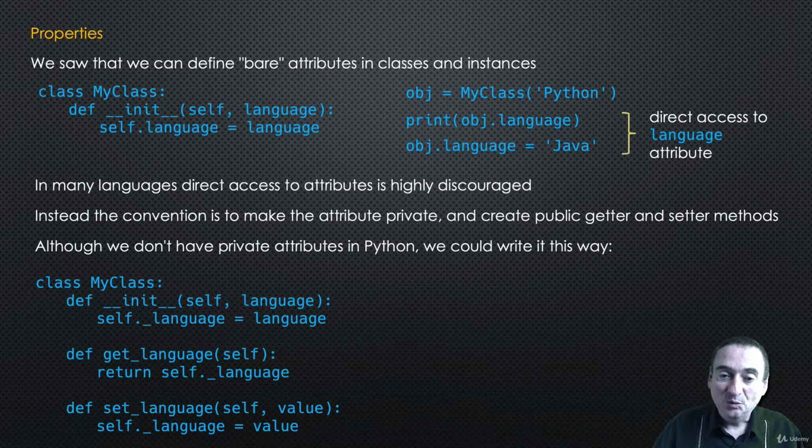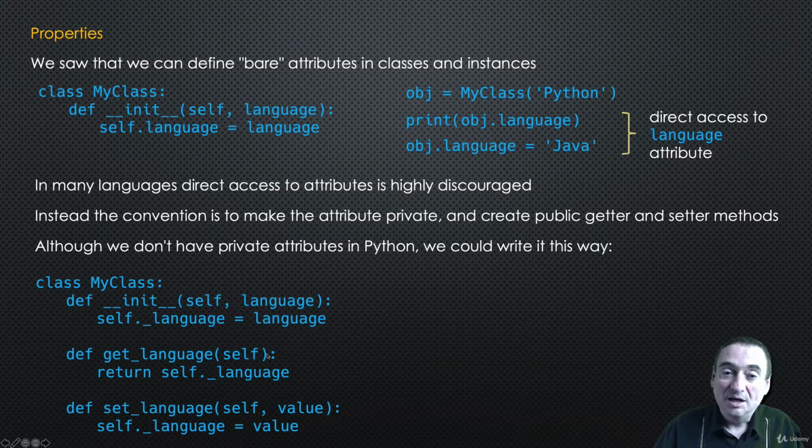So instead, what we would do, and this is kind of following the Java pattern here, we create a private, and I'm using air quotes because it's not really private, but by convention it's private. So we have this pseudo-private variable called _language, and we set it equal to the value that gets passed in when we initialize the class. Then we write the accessors as methods. So we have the getLanguage method.